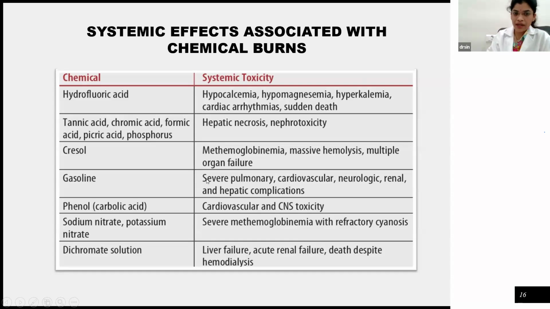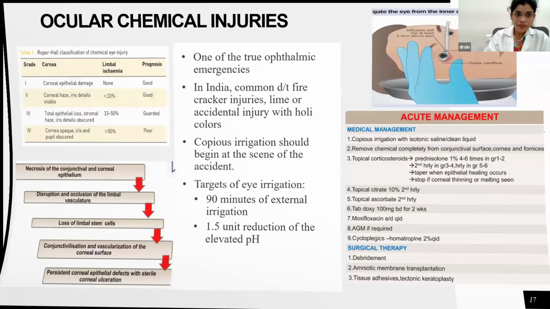And in case of gasoline, severe pulmonary, cardiovascular, neurologic, renal, and hepatic complications are seen. And in case of phenol, usually cardiovascular and CNS toxicity is seen. And in case of sodium nitrate and potassium nitrate, again, severe methemoglobinemia with refractory cyanosis is seen. And in case of dichromate solution, liver failure, acute renal failure, and death despite dialysis is what is encountered.